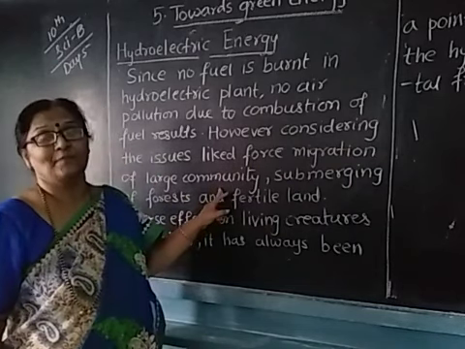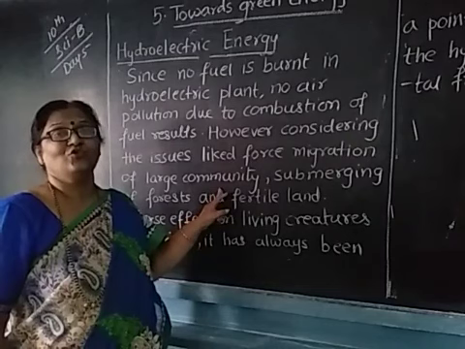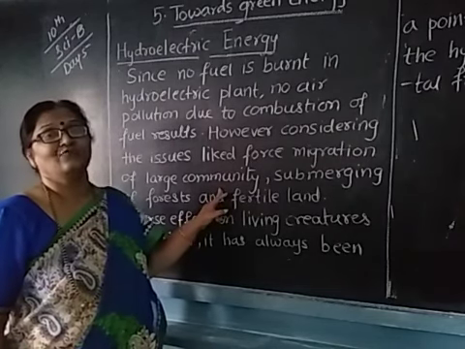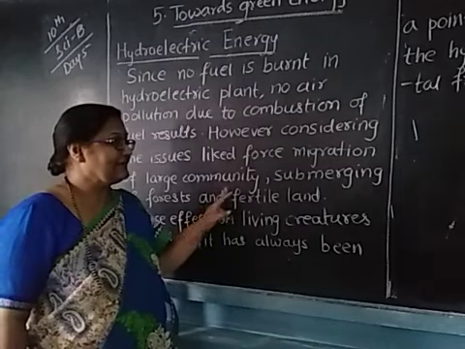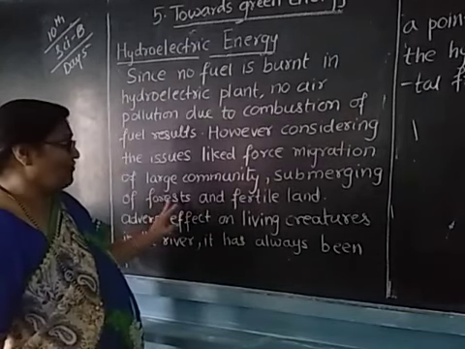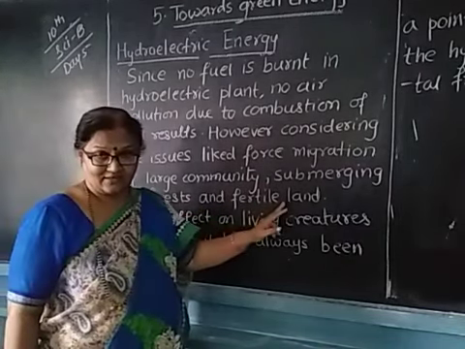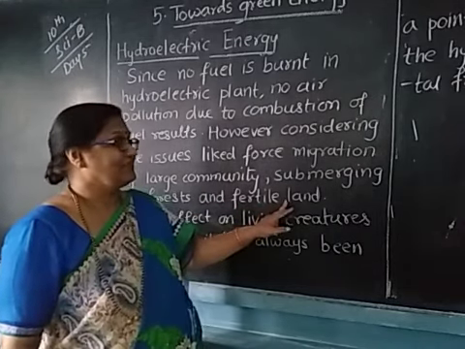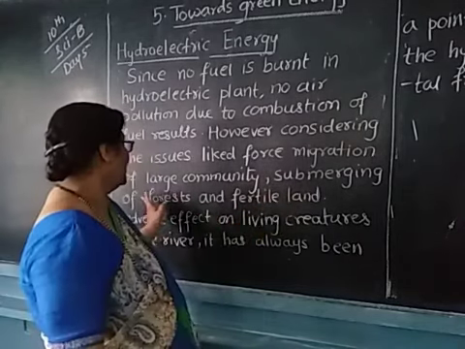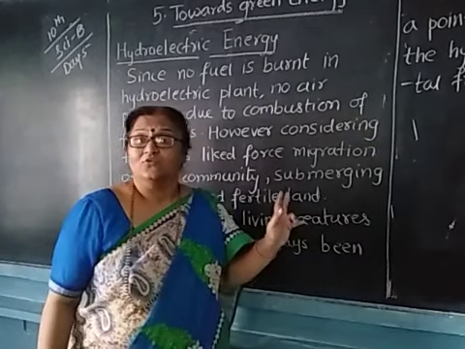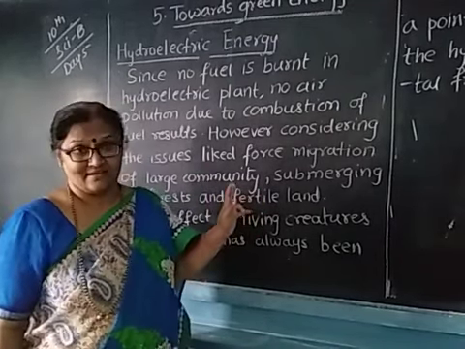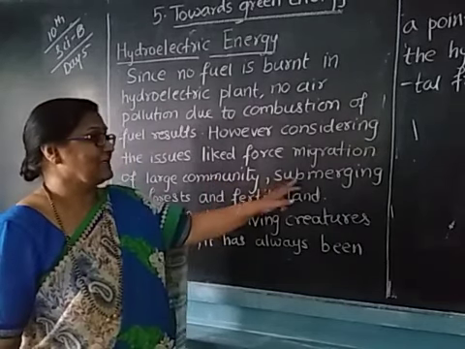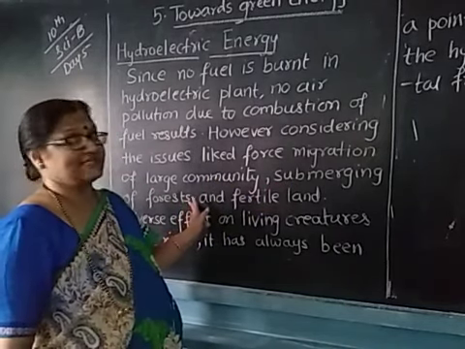Most of the people have to leave or empty the land so that the dam can be created there. Submerging of forest and fertile land. At that time there is submerging of forest. That means the trees present in that area have to be cut down. That means the submerging of forest is done.